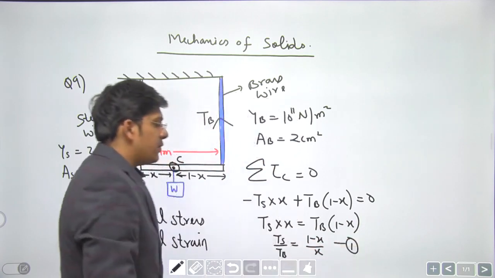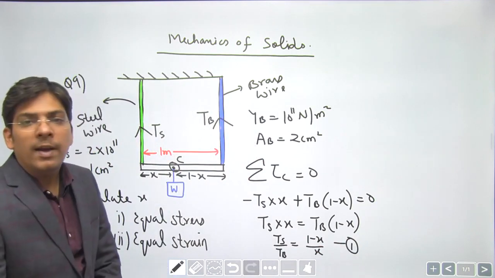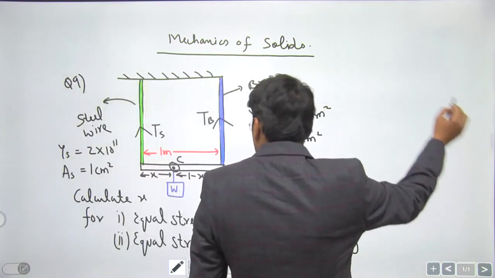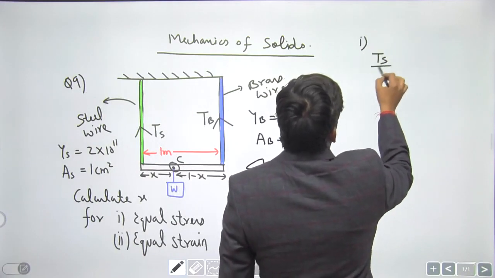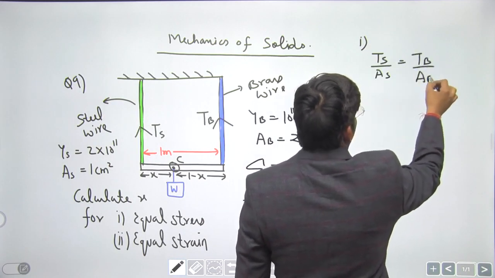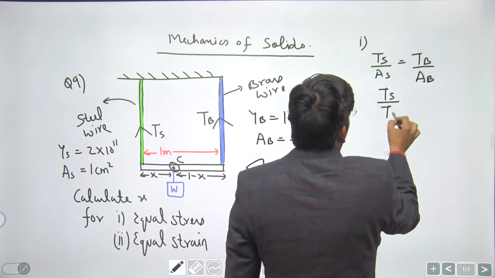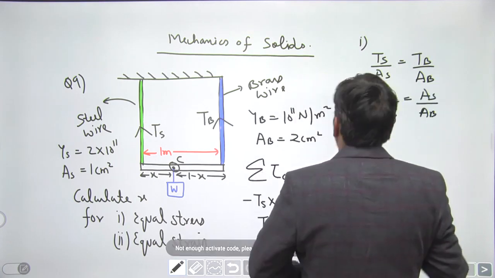This is the ratio of the tension, right? But see, we are expecting equal stress in both the wires. So for equal stress, dear students, tension upon area must be equal to tension upon area, right? So Ts upon Tb is actually equal to area of steel divided by area of brass, right?